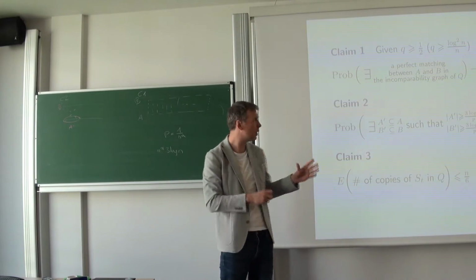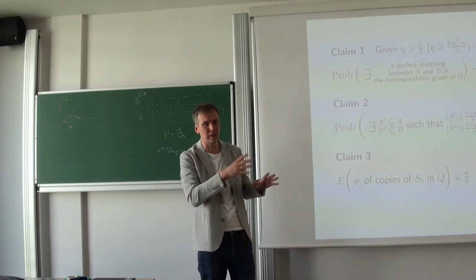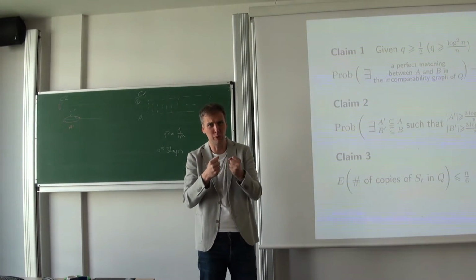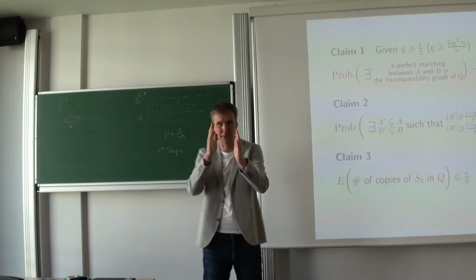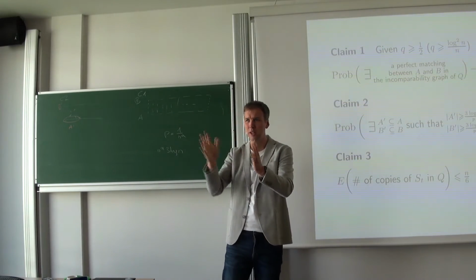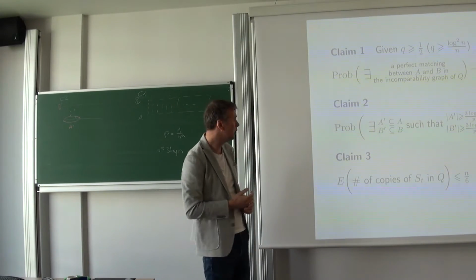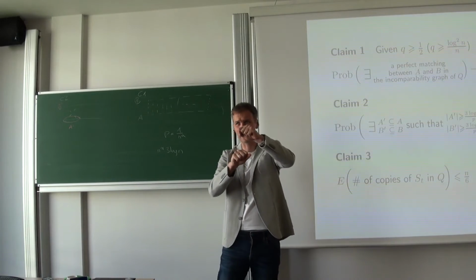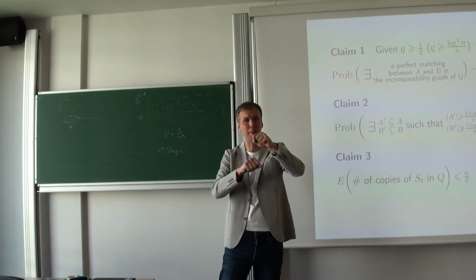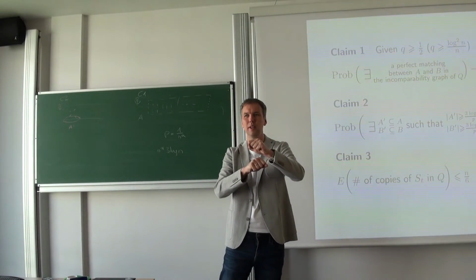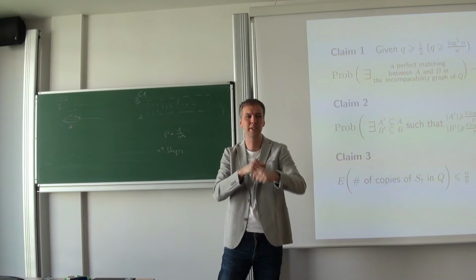And this is like our take here. What do we want to catch? So on one hand, you want to see these incomparabilities, so the matching. On the other hand, given two large subsets, you do want to see some comparability there. Okay, that's the two claims.